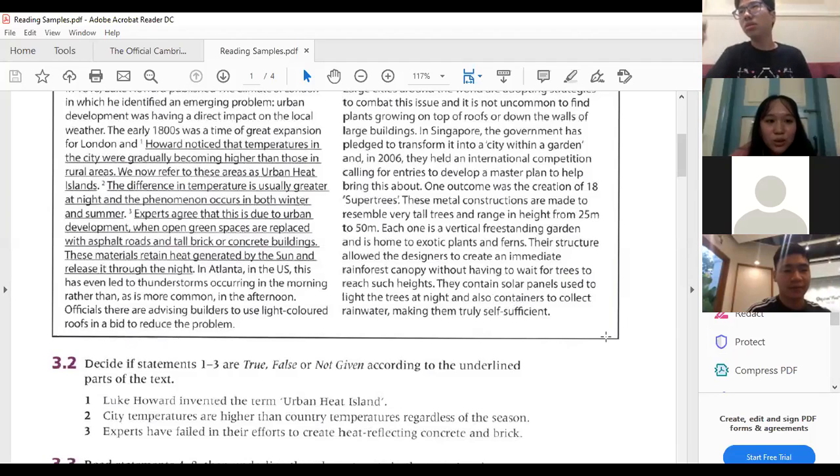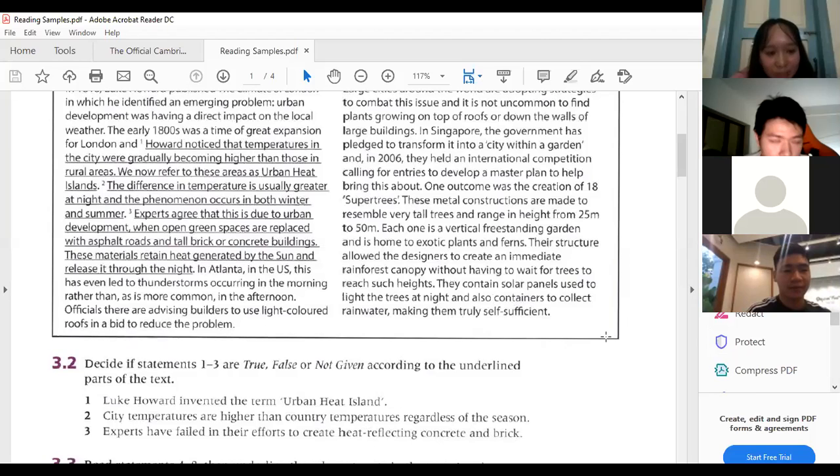I think it's true. Based on the sentence, it says that the difference in temperature is usually greater. The city were gradually becoming higher, like the temperature in the city, than those in rural areas. Okay. What about Bo?